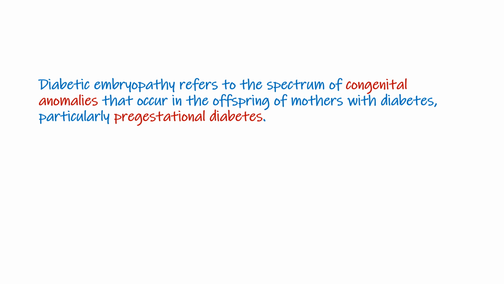Therefore, in the end, you'll develop anomalies, in comparison to gestational diabetes, which develops after 16 weeks, after organogenesis has already taken place. So that's why we find diabetic embryopathy most commonly in pre-existing diabetes or pre-gestational diabetes.